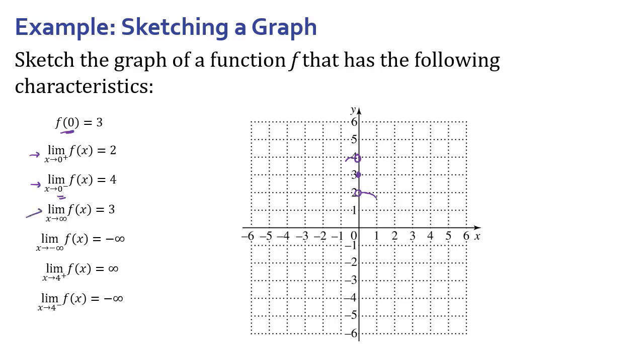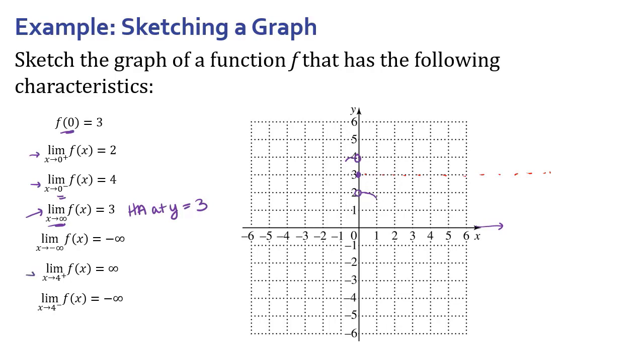Okay, we have a horizontal asymptote here because as x is approaching infinity, so we're looking all the way down here, your function is approaching 3. So we're going to have a horizontal asymptote at y equals 3 on this side.